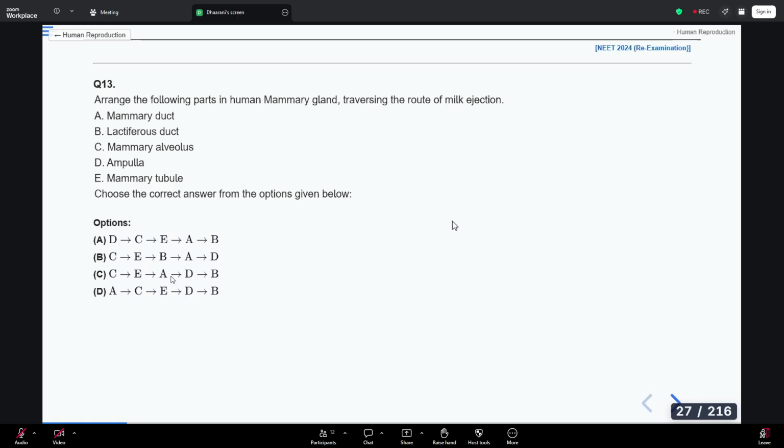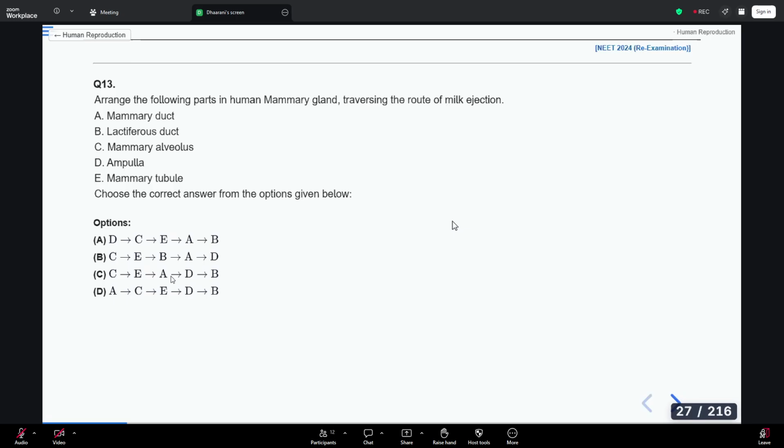You have to answer the route of milk ejection. Okay, Saksham has told option C. Okay, let's see.